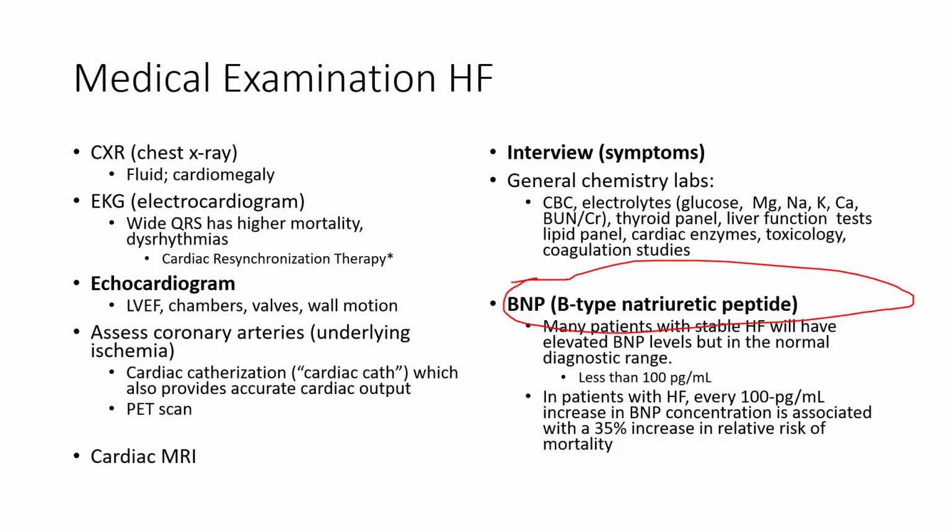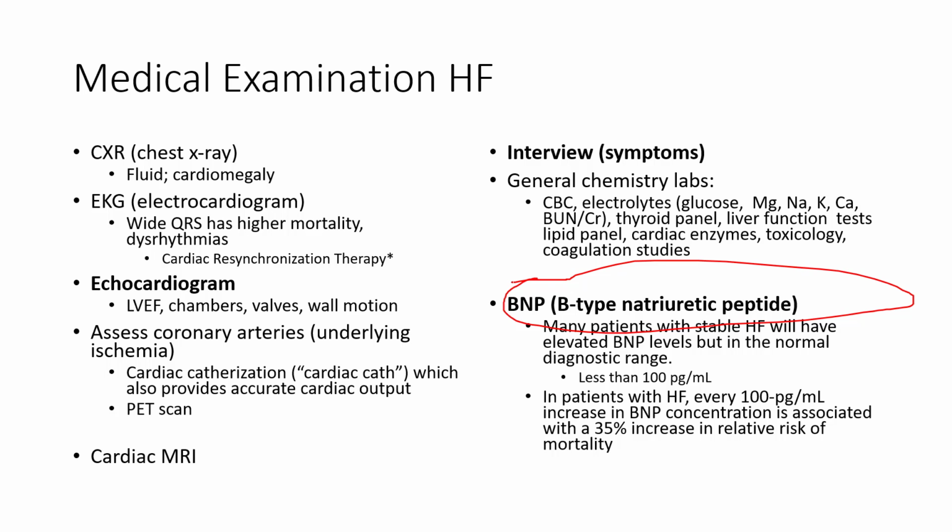And again, anything higher, the higher it goes, the worse the prognosis. And then you may also see pro BNP, which is like a precursor to that. And generally we say a pro BNP over 300 would reflect an acute heart failure.